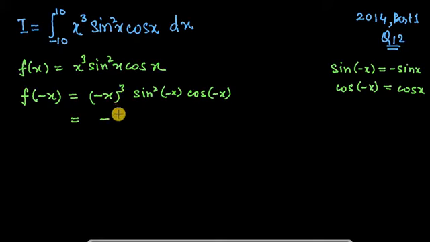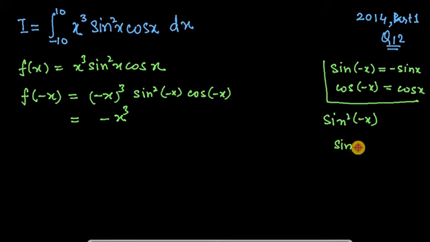This minus x cube will be minus multiplied 3 times, minus 1 minus 1 minus 1 will be minus, and x multiplied 3 times is x cube. And sine square of minus x, we can write it as sine of minus x whole square, because this power comes to the whole function sine.